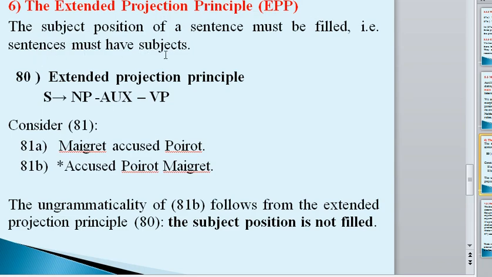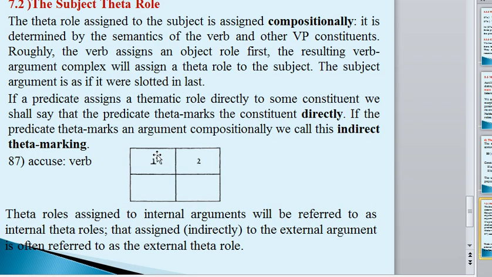Sentences must have subjects. The last part of this session and this chapter is the subject theta role. The theta role assigned to the subject is assigned compositionally. What does it mean? It is determined by the semantics of the verb and other VP constituents.